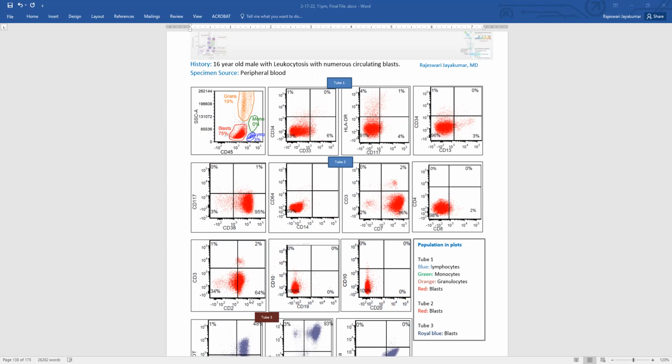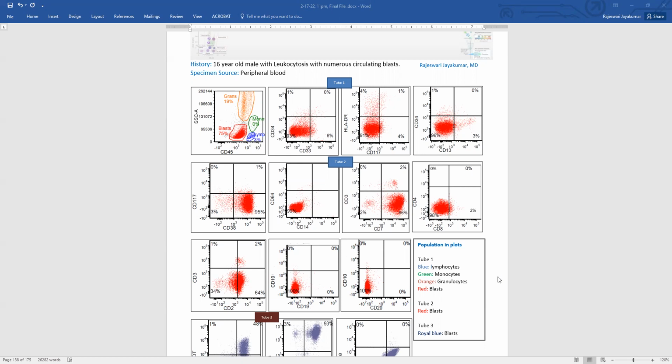Although CD7 and CD2 are T cell markers, they are not lineage specific. The only lineage specific marker for T cells is CD3. Surface CD3 is largely negative. We see a small population that is CD3 positive, but that's not enough. We need to evaluate for expression of cytoplasmic CD3.